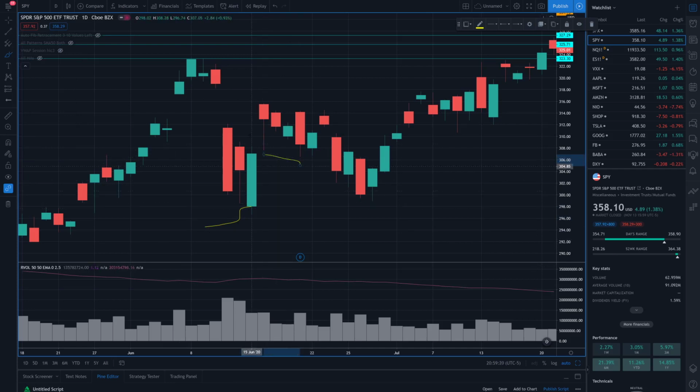It was green because there was a lot of buying. It was more upward momentum, right? So the open is here and the close is there. Then on each side of the candle are wicks.